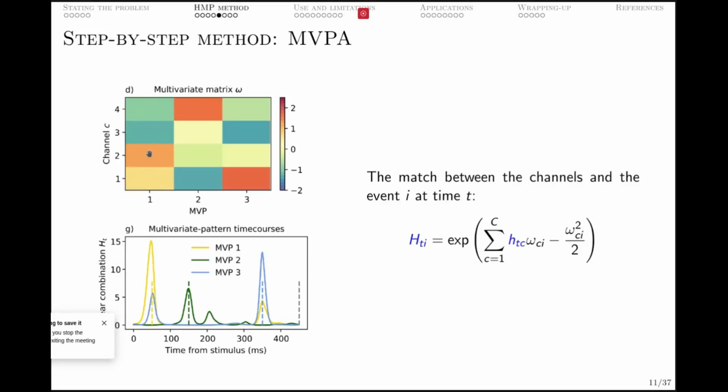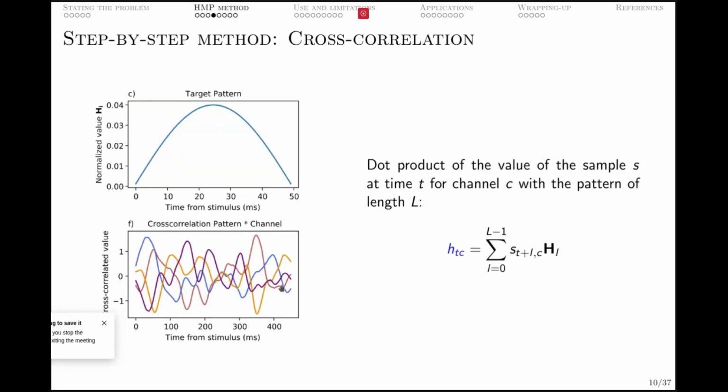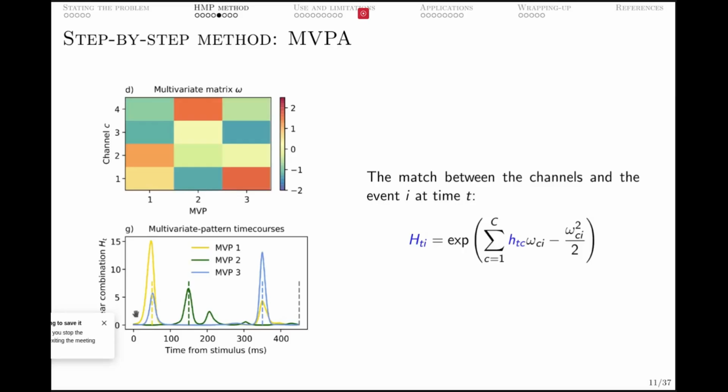So from the plot I showed you for these 4 electrodes, for each sample I take the value of those 4 electrodes, multiply it with the coefficient associated with each channel, and sum that together. This gives me one sample here, and I do that for all the samples in the trial time series.